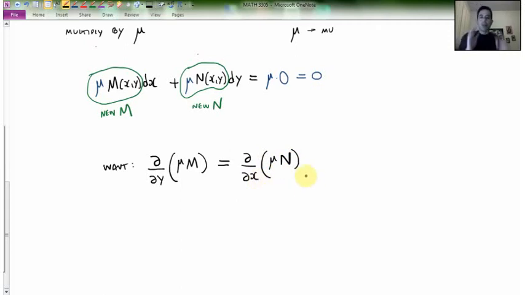So we enforce that. And when we do that, let's see what we get. So we're setting up an equation where eventually we'll be able to find what mu is.